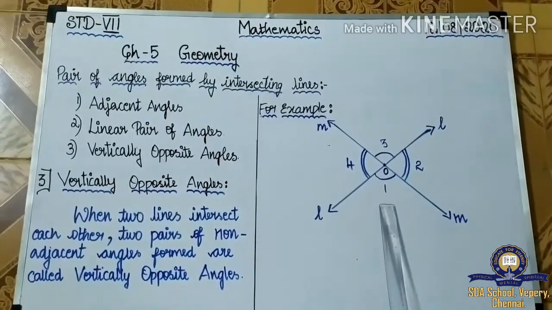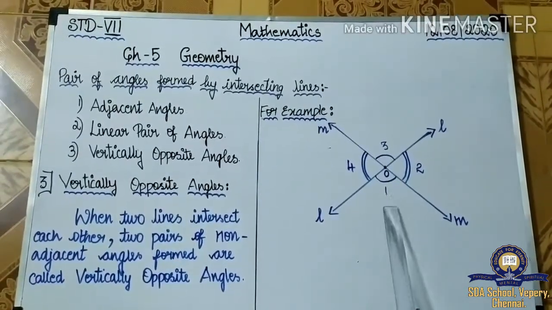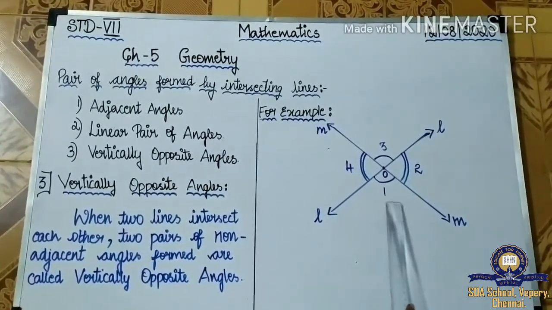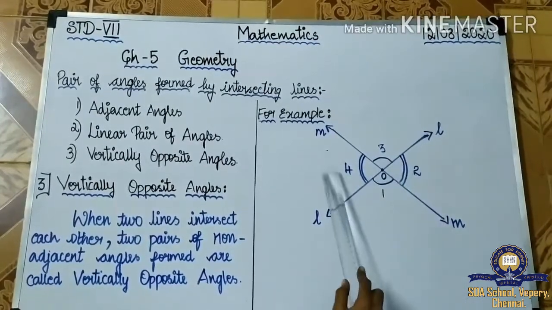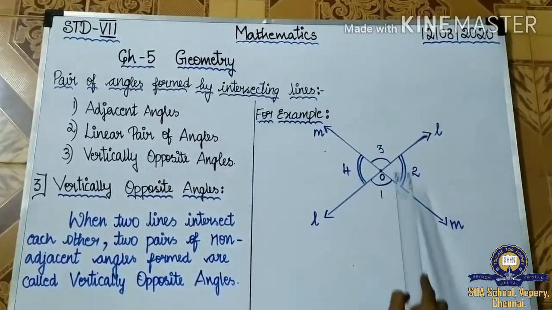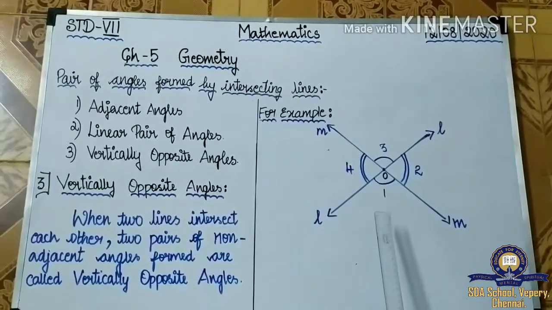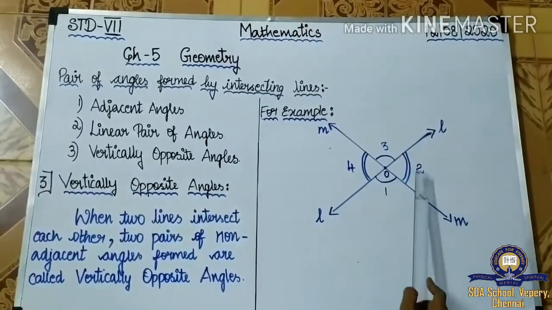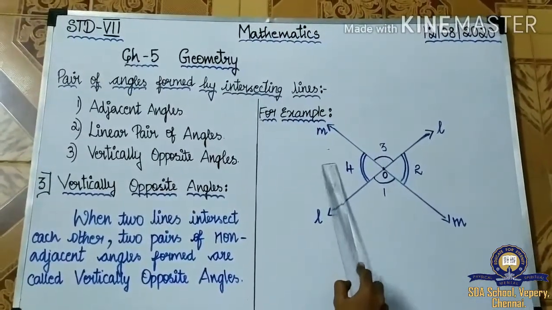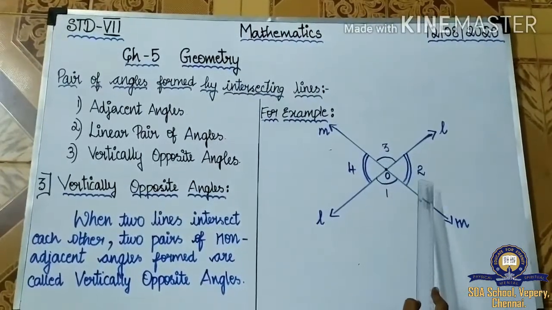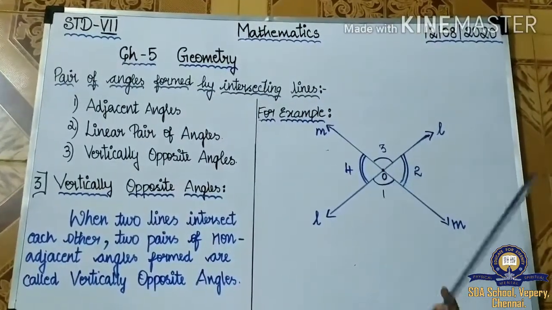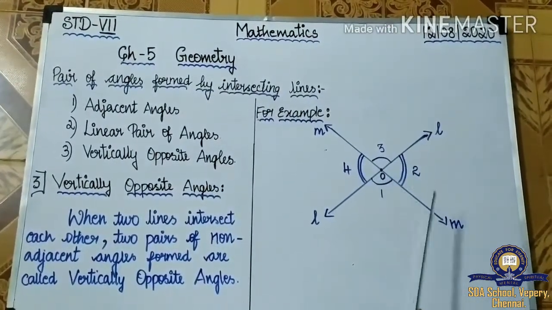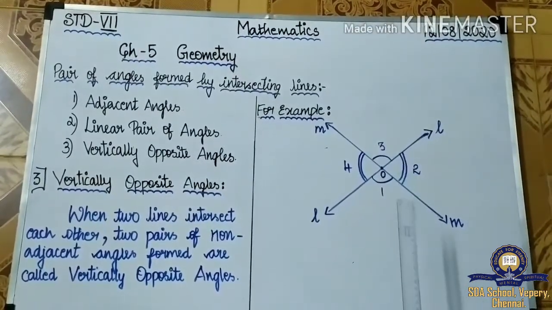We want to find the angles adjacent to 1. The angles adjacent to 1 are 2 and 4. Angle 3 is a non-adjacent angle. Similarly, for each of the remaining angles, two will be adjacent and one will be non-adjacent. We can easily find the non-adjacent angles.